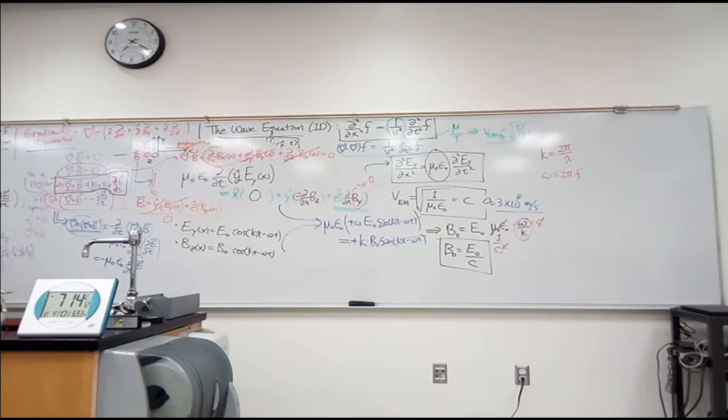One of them being, this tells you how the units of electric field and magnetic field are related. You wouldn't guess this from the beginning, but what it's telling you is that the unit of magnetic field, Tesla, is the unit of electric field, volt per meter, divided by meters per second.